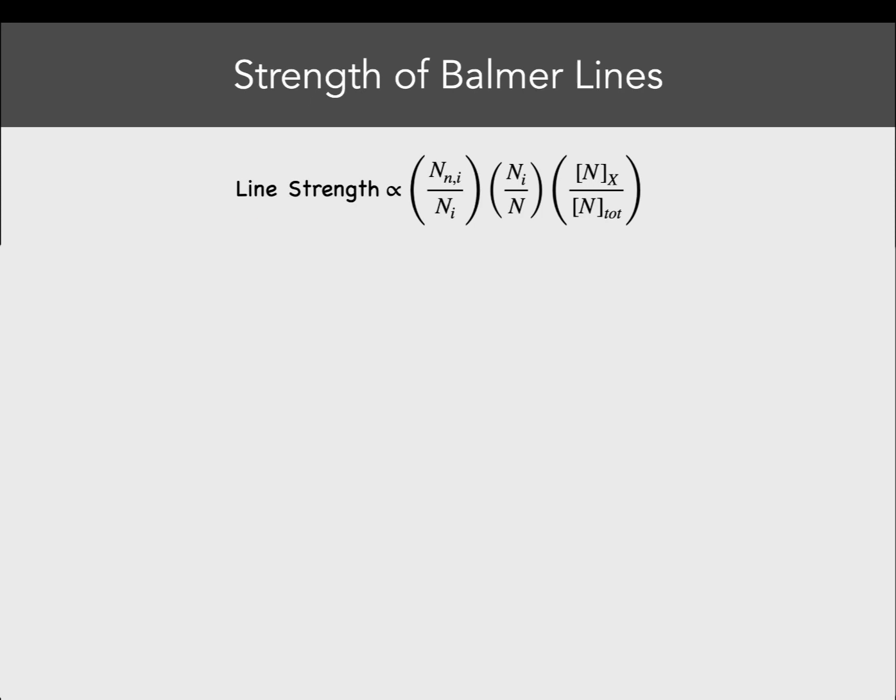So to find the total line strength, we can piece together the results that we've gotten so far. We want to multiply our excitation term by the Saha term.